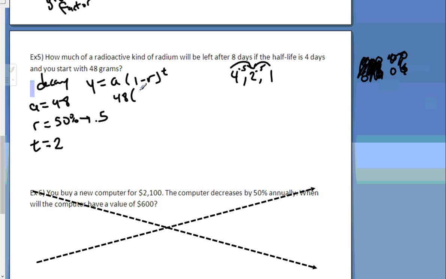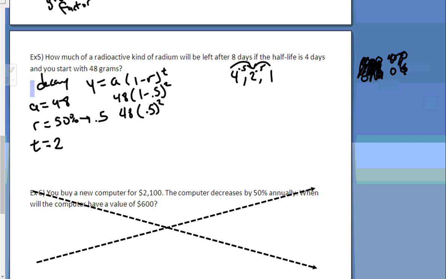Plug in what I know. 48 times 1 minus 0.5 to the 2. Remember, why is it to the 2 and not to the 8? Because it deteriorates in half every 4 days, so in 8 days that's going to happen twice, right? So what is this going to be? 48 times 0.5 squared.